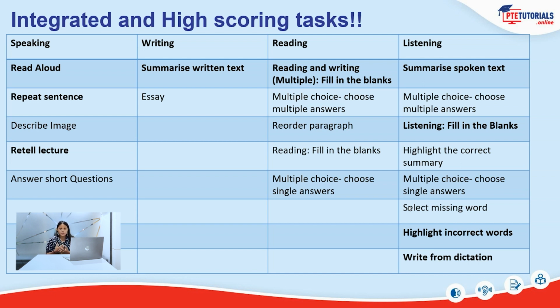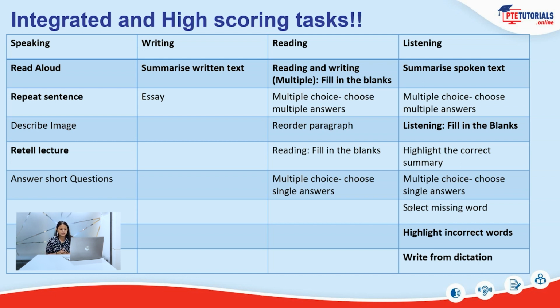In the speaking module, there are 3 tasks out of 5 which are integrated, and they are also high scoring tasks. In the writing section, Summarize Written Text is an integrated task because it gives a score towards not only the writing module but also the reading module.